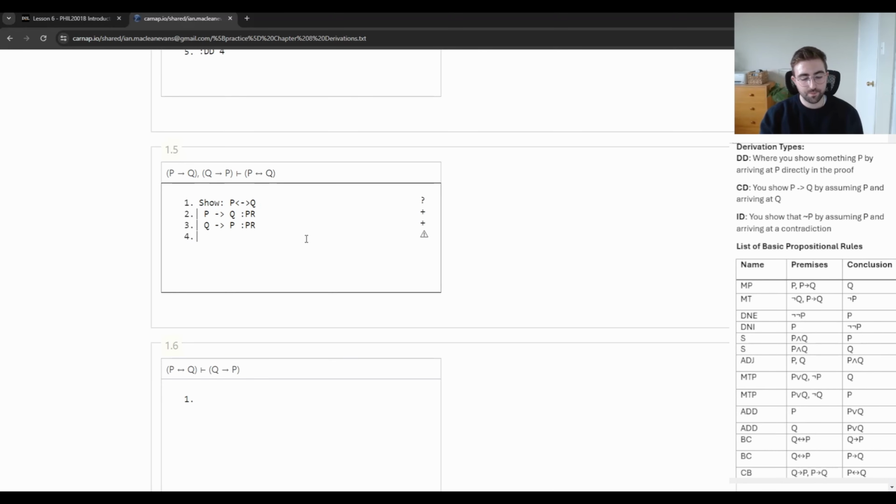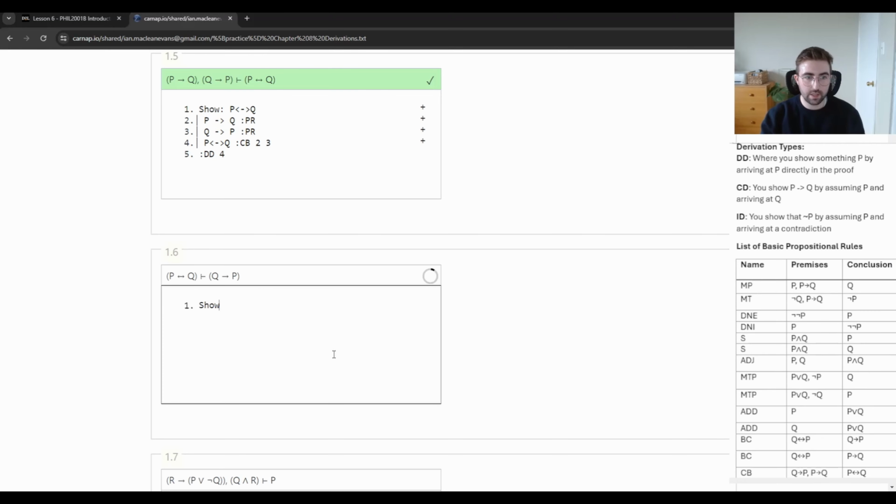So CB, we're going to use that to get what we are looking for. So we get P double arrow Q, and we can do conditional biconditional using lines 2 and 3, because those are the two conditionals we're using to build our new biconditional. And that's great. We used a rule of direct derivation to get this, and it's directly shown in the proof. So we can do direct derivation on line 4. There you go.